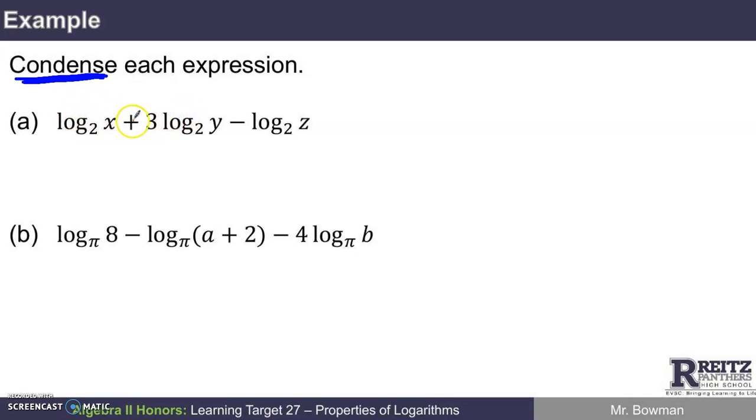So what I see here is a process where I can work the same problem we worked on the last screen backwards. Log base 2 of x plus 3 log base 2 of y minus log base 2 of z. I could write the term 3 log base 2 of y as log base 2 of y cubed.